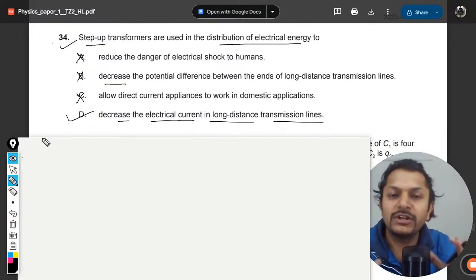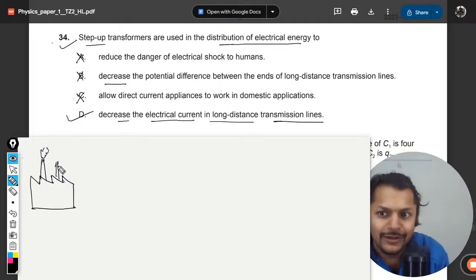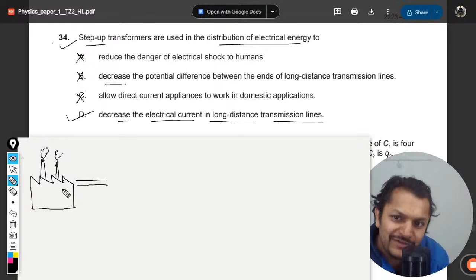Please try to understand what is actually happening in this case. Whenever there is this powerhouse, I don't know whether powerhouses look like this in your country or not, but this is how we draw it. This is giving us the power output.